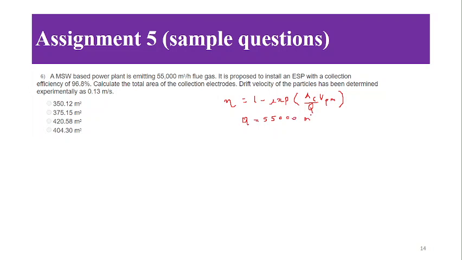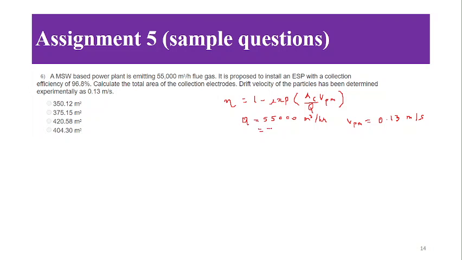And the drift velocity given here is in meter per second. So you need to first make the units consistent. For that we convert this meter cube per hour into meter cube per second.